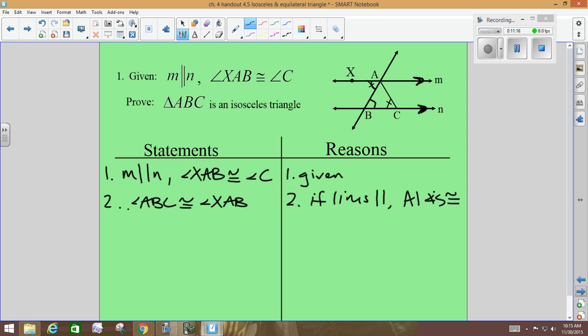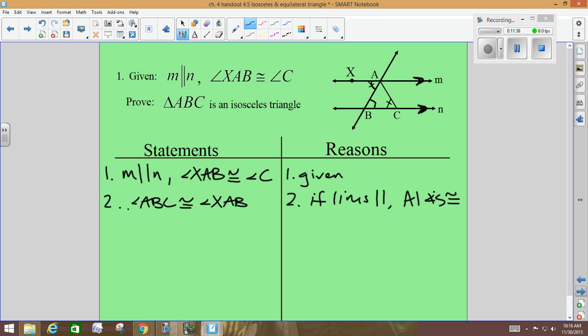So looking at my statements, steps 1 and 2, XAB is congruent to C, and XAB is congruent to ABC. So what do I know about C and ABC? They're congruent. They're both congruent to XAB.